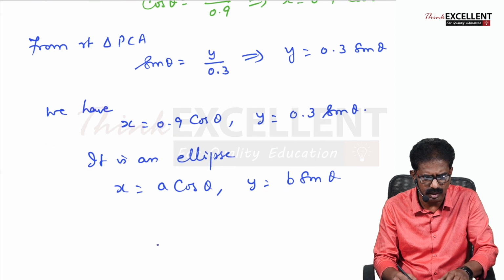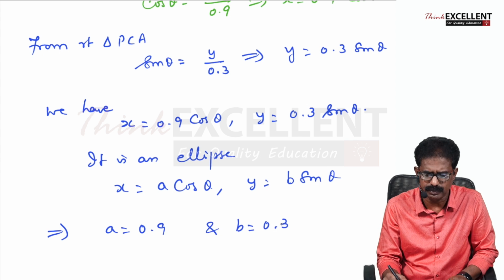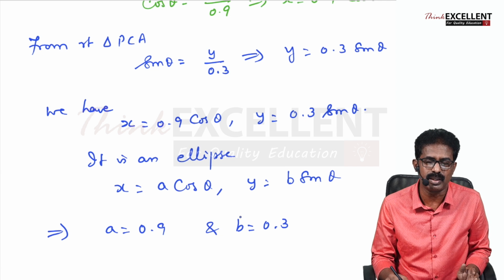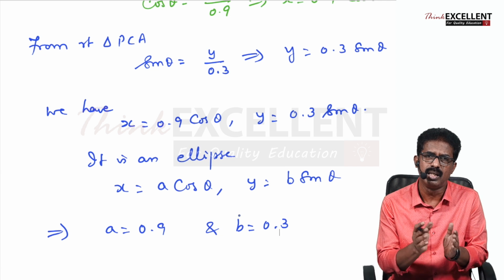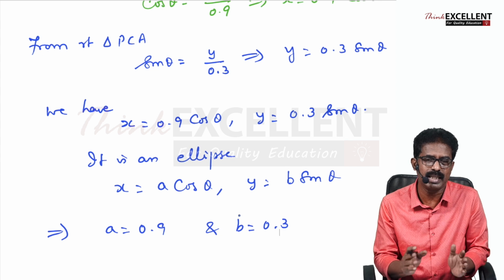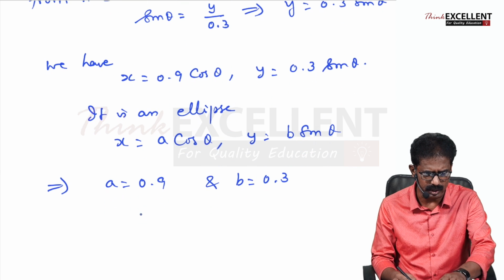So you know the values of a and b, right? a equal to 0.9 and b equal to 0.3. If they ask to write the equation of the ellipse, then you must do it only that way. Here also you can do that, nothing wrong in that. As I said, just squaring and adding, sin square theta plus cos square theta, you will get the ellipse. Then you can write the values of a and b, or using the parametric equations also you can write.